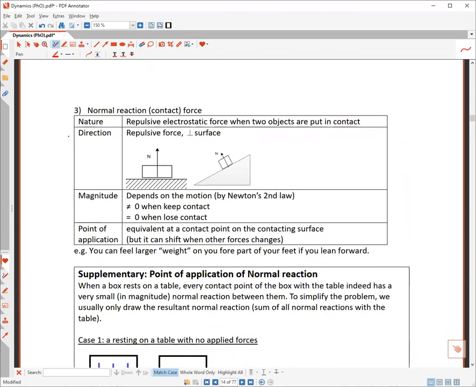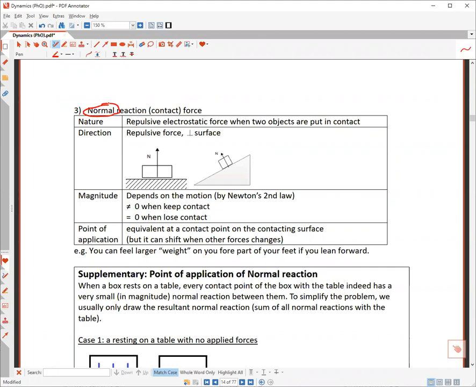So let's go to the third force. This is called the normal reaction, or reaction force, or normal force, or contact force, or supporting force. There are so many different names for it. But no matter what you call it, most likely you have to include the word normal.